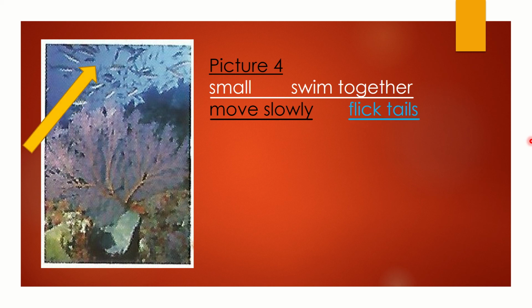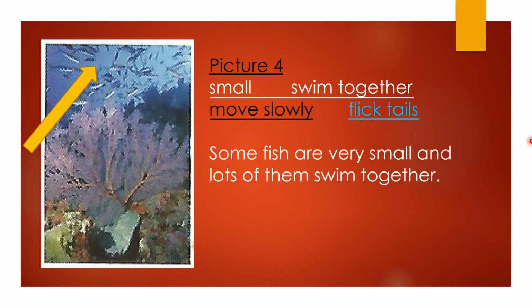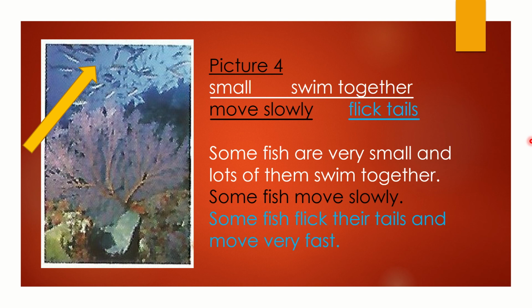At the top here, we can see some fish are very small and lots of them swim together. Some fish move slowly. Some fish flick their tails and move very fast.